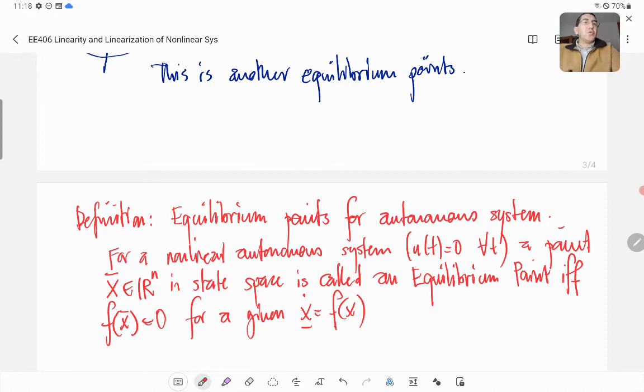You see that there is no u here because this is an autonomous system and the input is by definition 0. Okay?